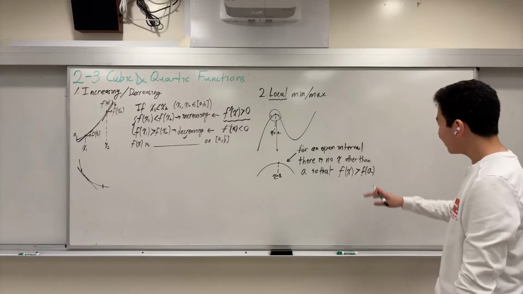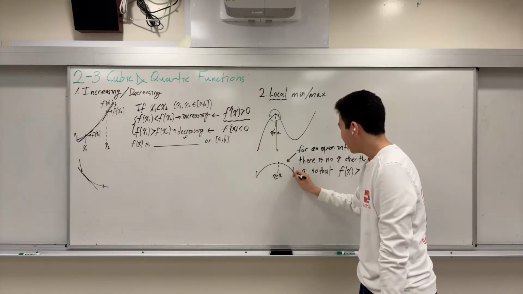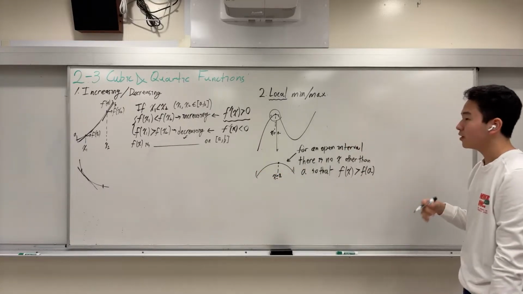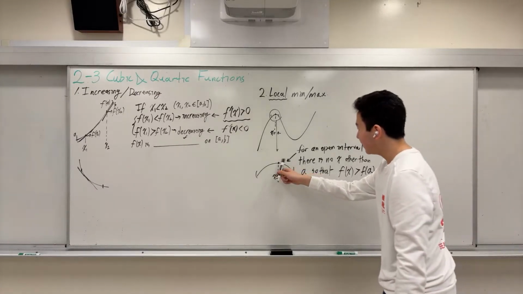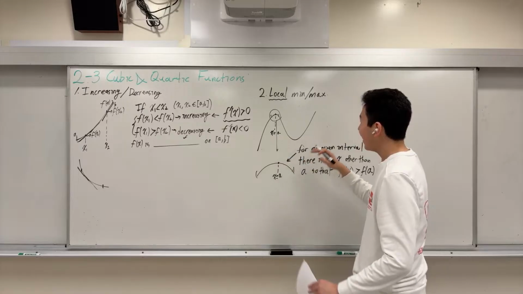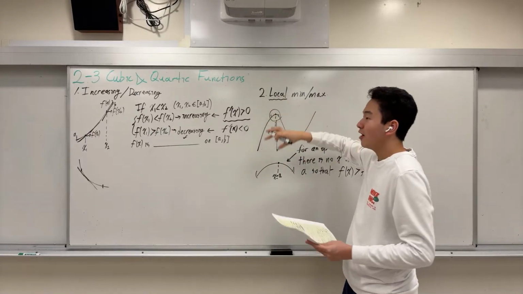Everything in our chosen interval has to be less than or equal to f of a. So that means that this is going to be the very top of the curve, and you can zoom in on this interval however you'd like.